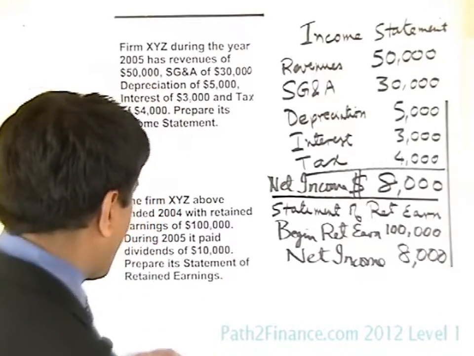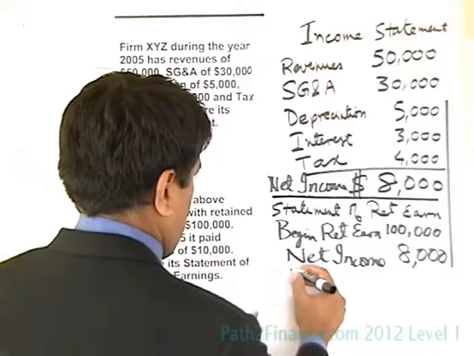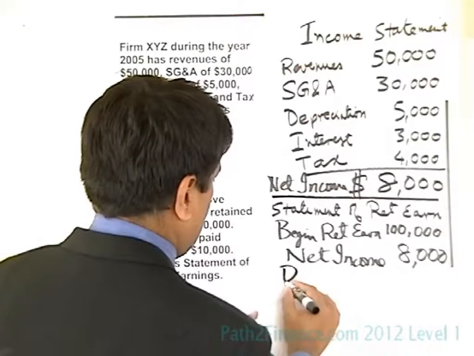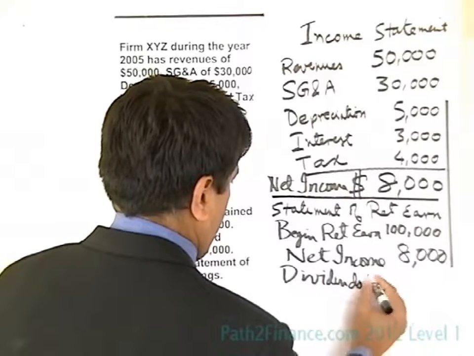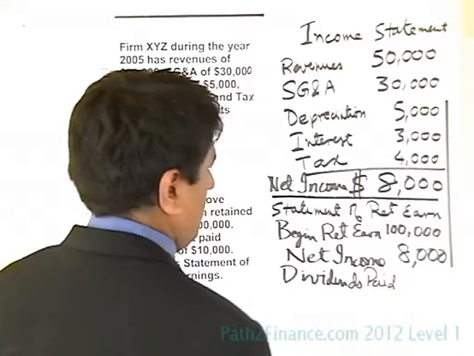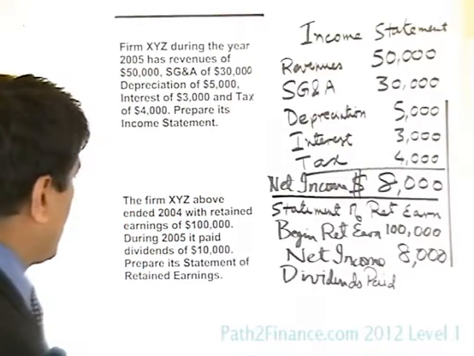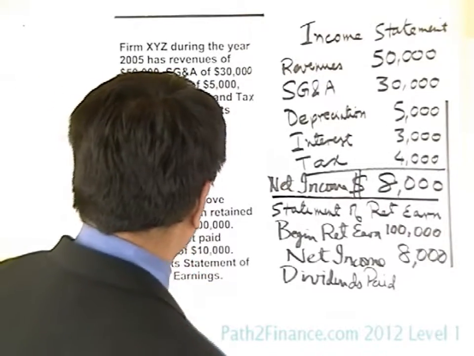But first we add net income, and net income we have from above is 8,000. After that, we have dividends paid. And dividends paid are 10,000.